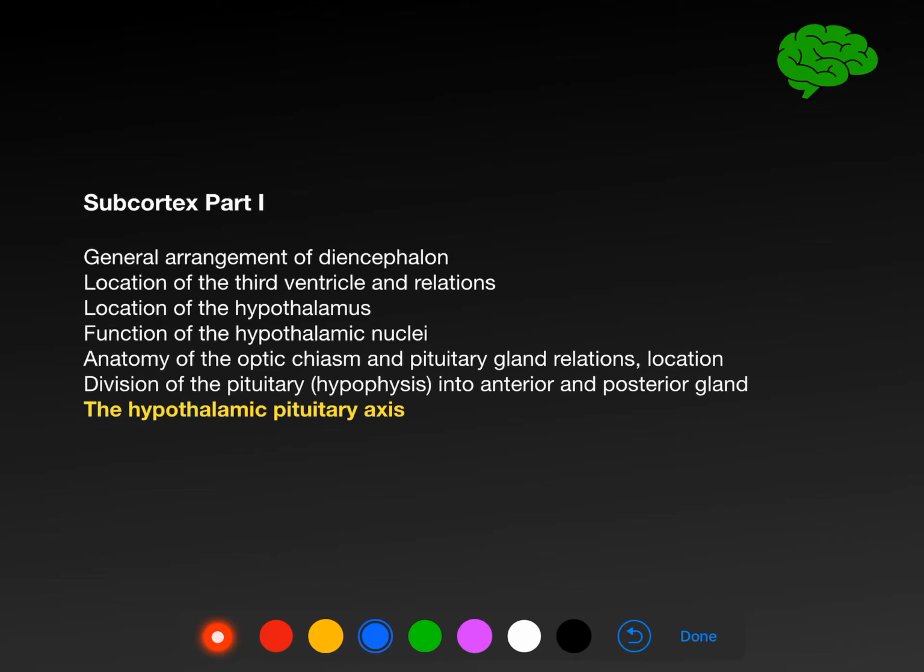We talked about dividing it into an anterior and posterior pituitary gland. And then we talked about the somatotrophs, the gonadotrophs, the thyrotrophs, the corticotrophs, and the mammotrophs, which are secretory cell types within the anterior pituitary gland that secrete things like human growth hormone, luteinizing and follicle stimulating hormone, TSH, ACTH, and prolactin. That's what we talked about.